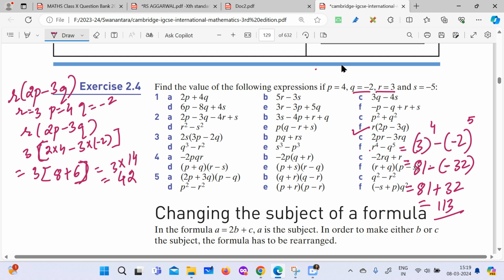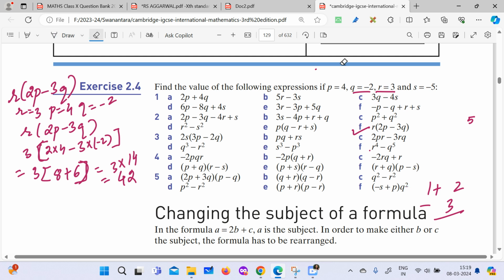Okay. So I think we can do everything. Now we'll do another one here. So we have R plus Q and P minus S. So let me substitute R with 3, Q with minus 2, and then P with 4 and S with minus 5, be careful about the signs.